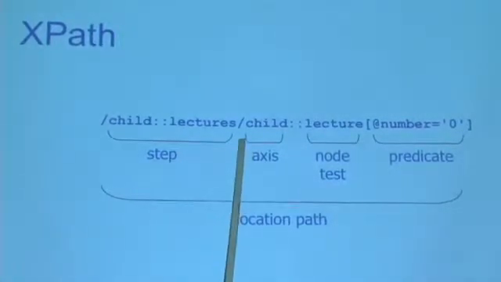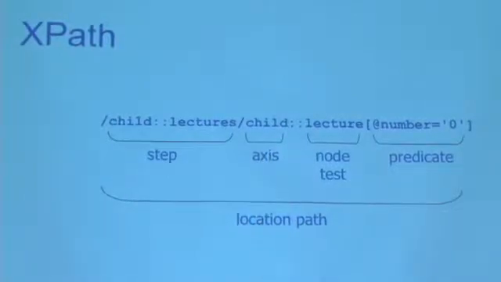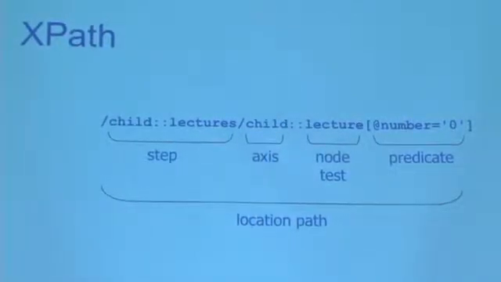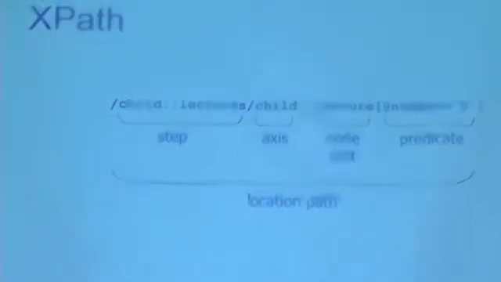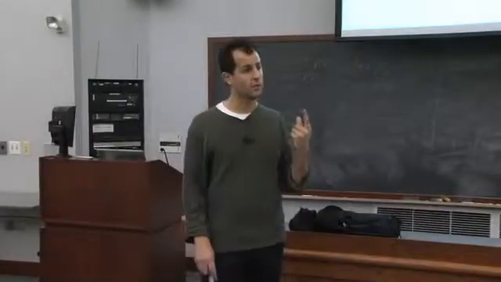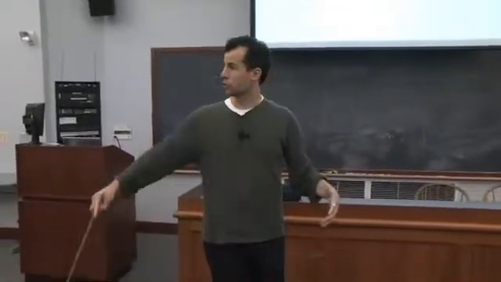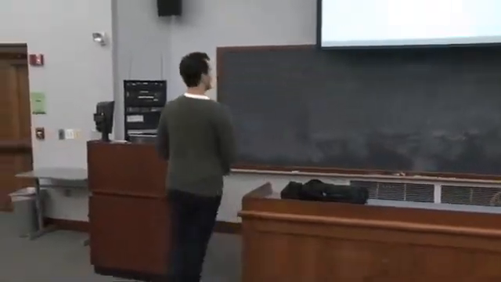I'm taking another step as suggested by the /, again along the child axis, but for this next level of the tree. So step is actually a pretty good word here to use. I'm starting at the root and I'm stepping into the pool of children here, looking for the ones called lectures. Presumably there's just one since I started at the root. My next step is going to be to dive into the layer of the tree that has lecture descendants.